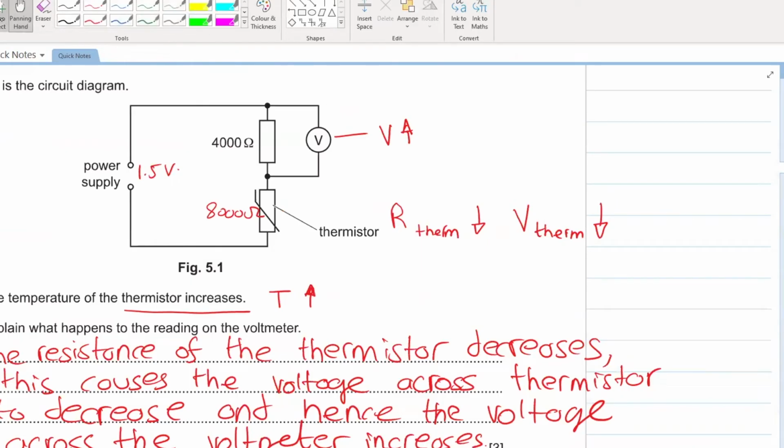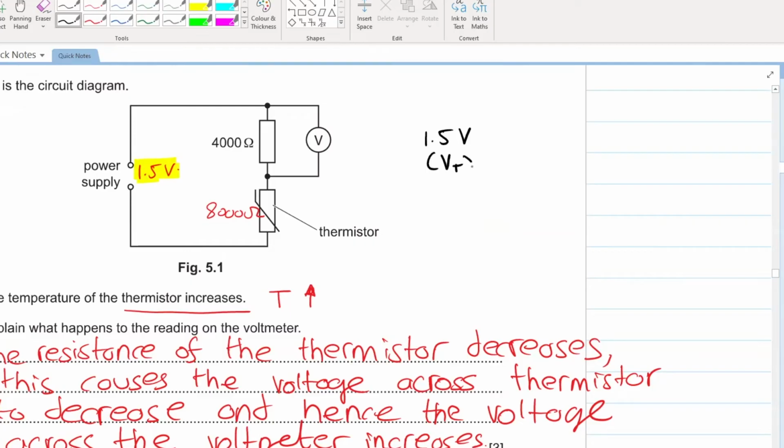If you see here, this 1.5 volts of voltage, that is known as total voltage, is being supplied to the entire circuit, which has a total resistance of what? 4000 plus 8000.